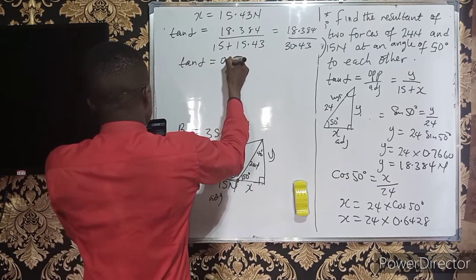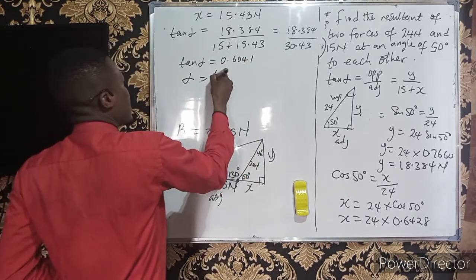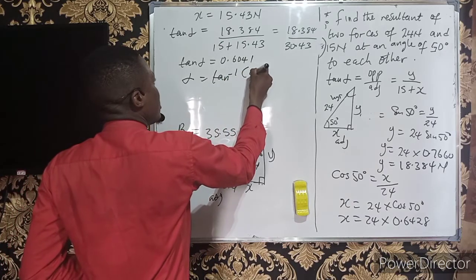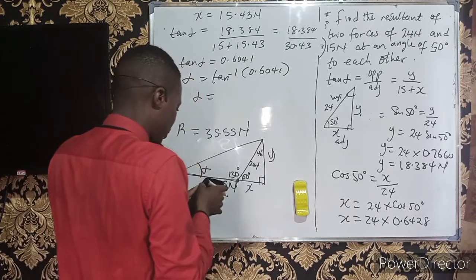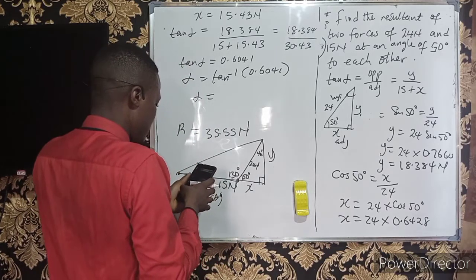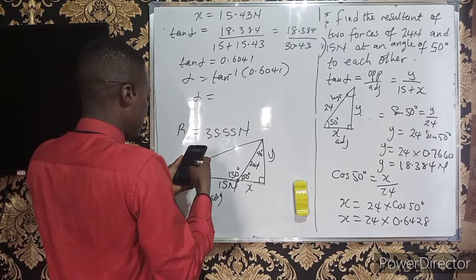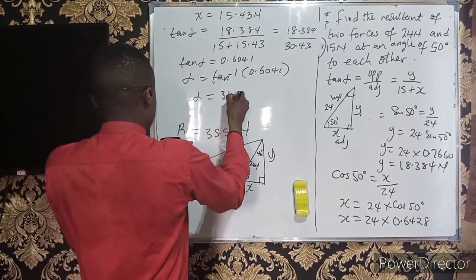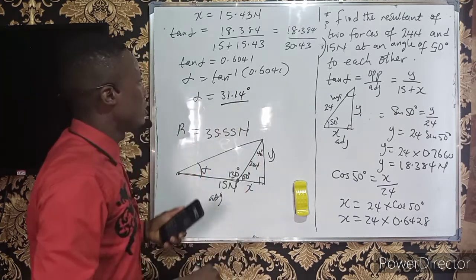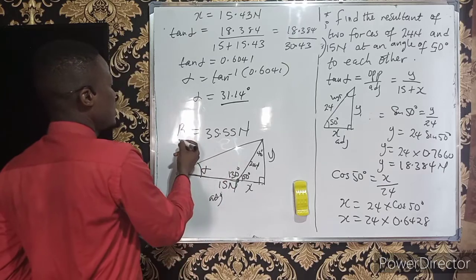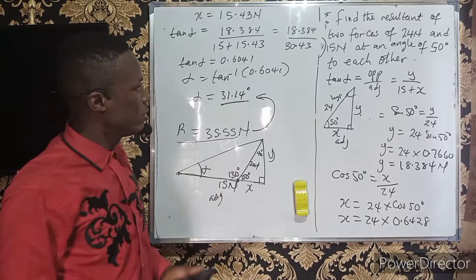This will give me 0.6041. So that the angle will now be tan inverse of 0.6041. This will give me tan inverse 0.6041. That is 31.14 degrees approximately. So the resultant vector is this in the direction 31.14 degrees.